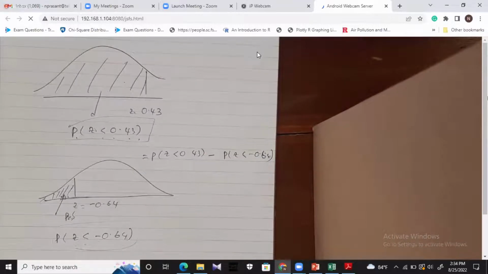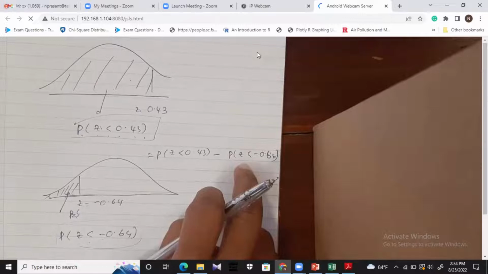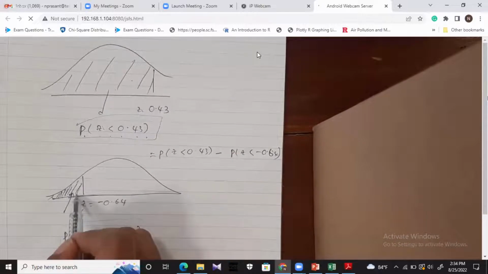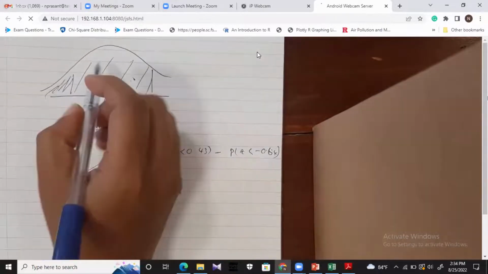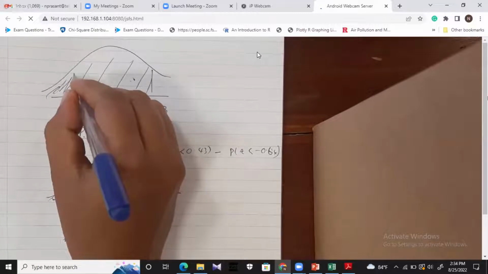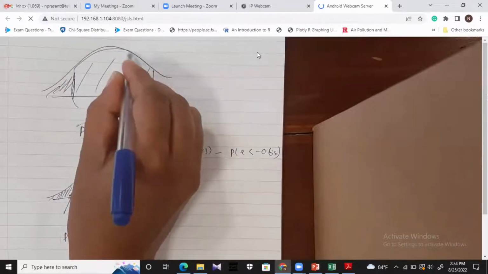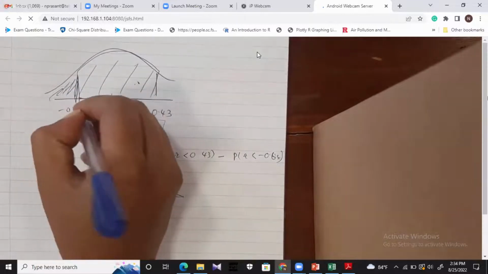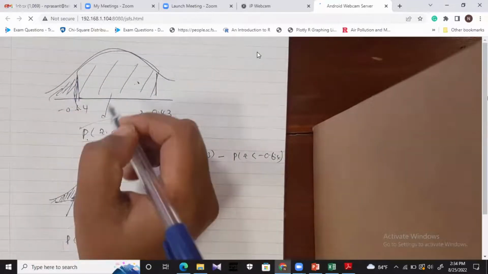Now that will be what? If we eliminate this small region from here, finally we will have this region. This one, that is the required probability. Understand?